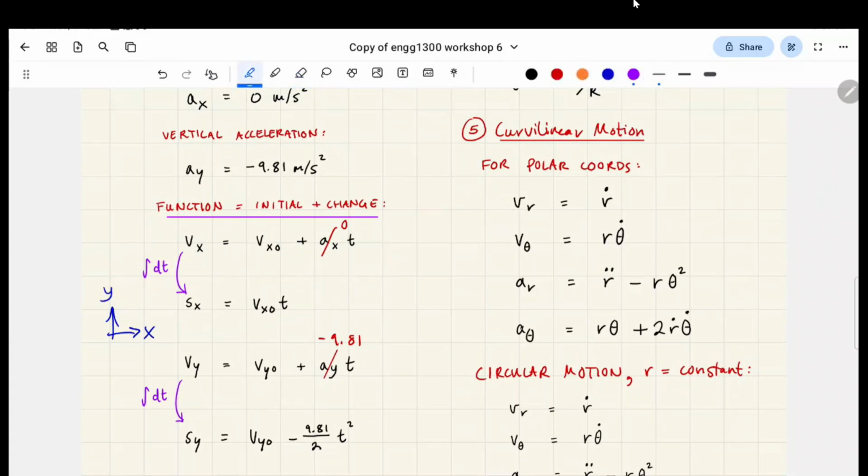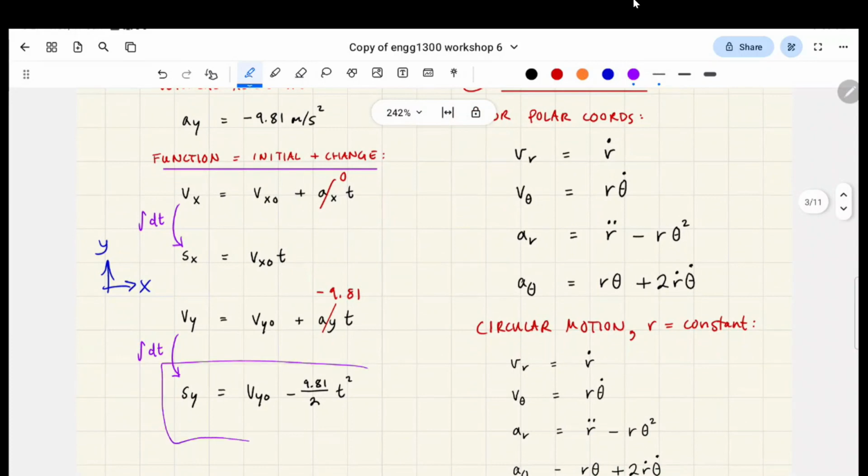So the x-axis displacement is simply equal to the initial horizontal velocity multiplied by time. And remember, since this component was 0, we don't have to do anything with that. That just, yep, this is 0.